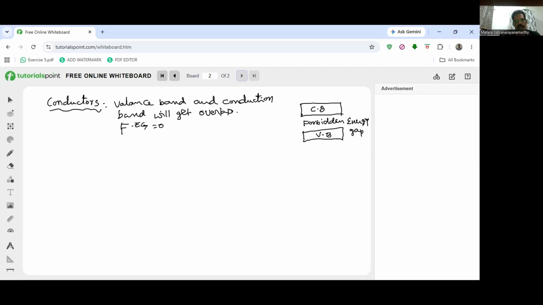There is no forbidden energy gap between the valency band and the conduction band.